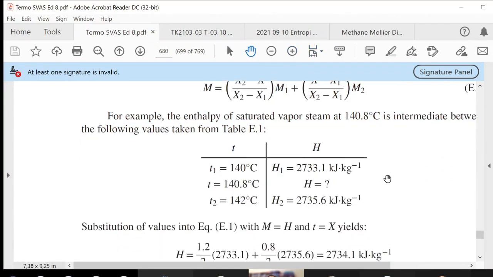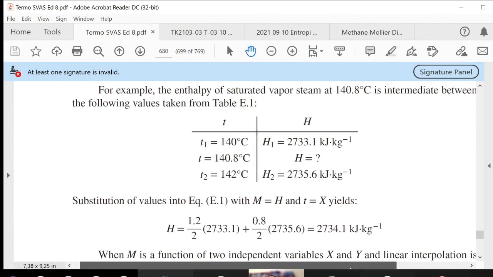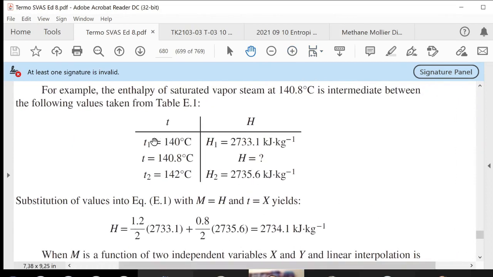This is an example. If I have the temperature 140 Celsius, the enthalpy is this, 2733 kilojoule per kilogram. And then at 142 Celsius, the enthalpy is 2736. You are asked, if the temperature is 140.8, what is the enthalpy over here?